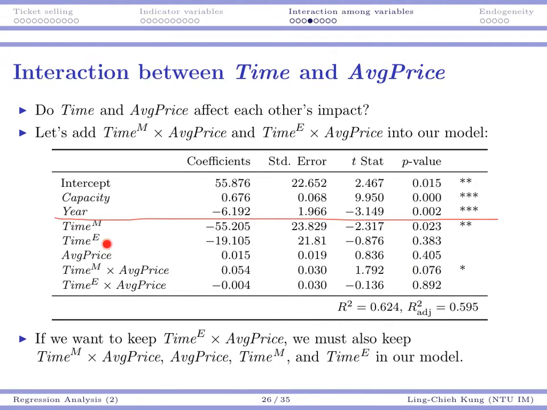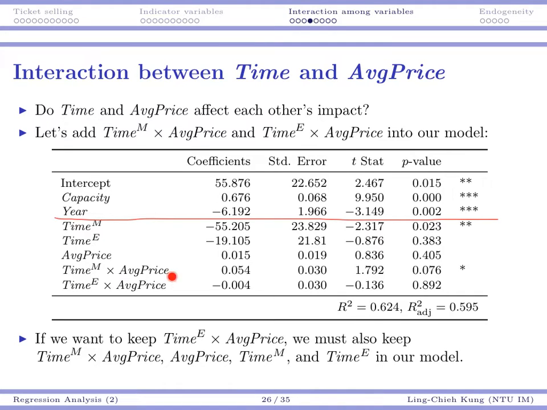So average price itself is not significant. But if we take the interaction into consideration, there's a star here. That means the interaction between time M, a morning show, and the average price is significant.